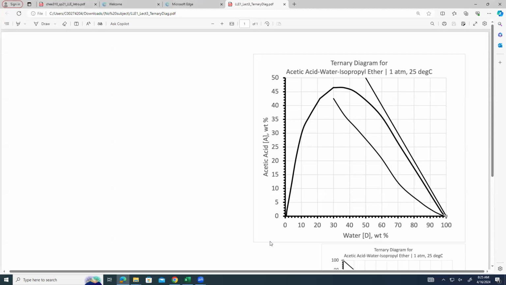And then next would be identifying the compositions at these points. So this point W is very easy and straightforward. It's just a matter of reading the graph. So we just look at it. Our D, that's going to be 10%.